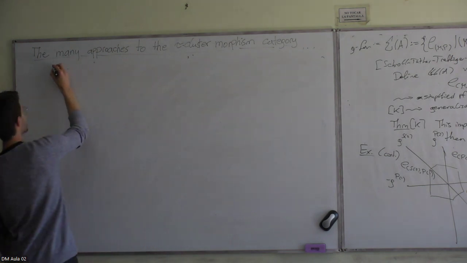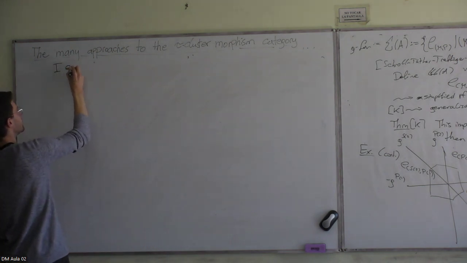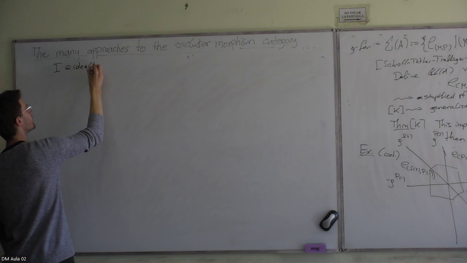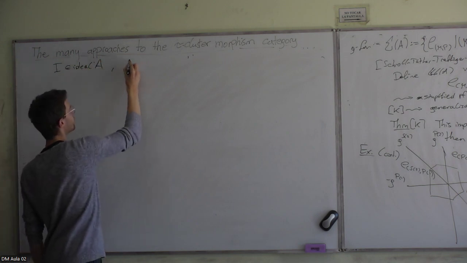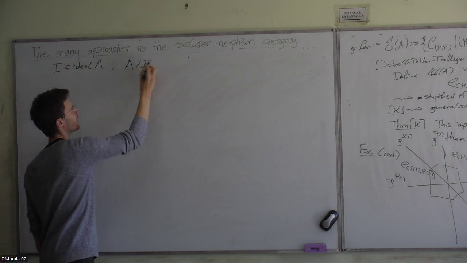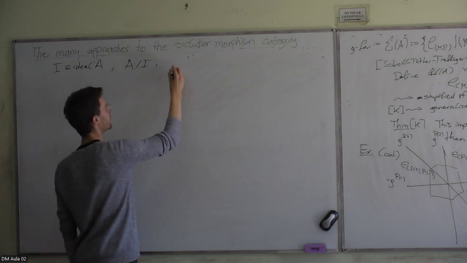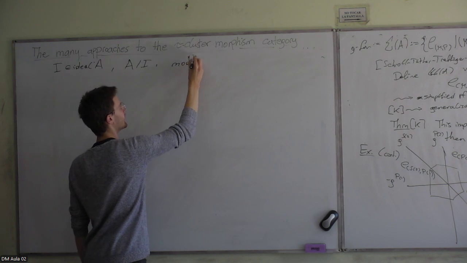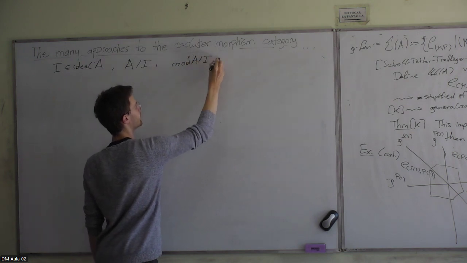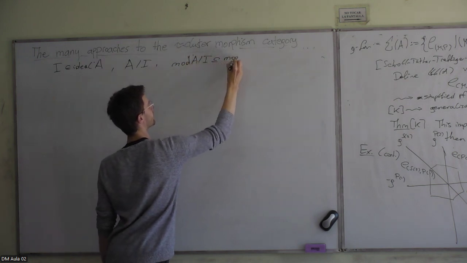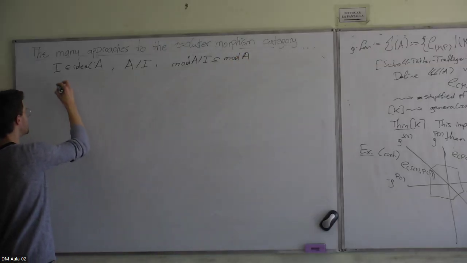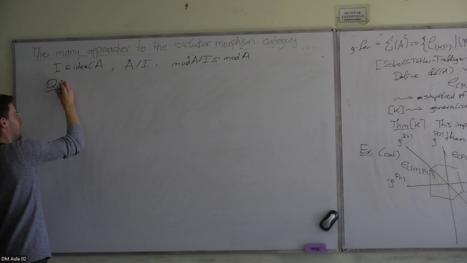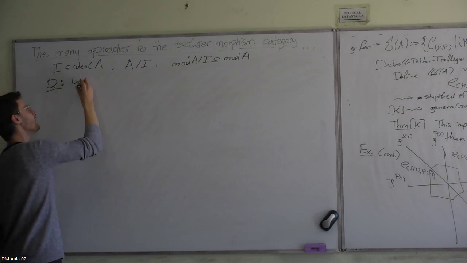I take some ideal of the algebra, and now I can form the quotient algebra, right? And this has the property that the category of A quotient I modules is a subcategory of those of A.